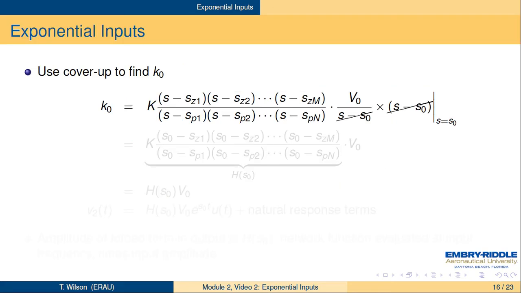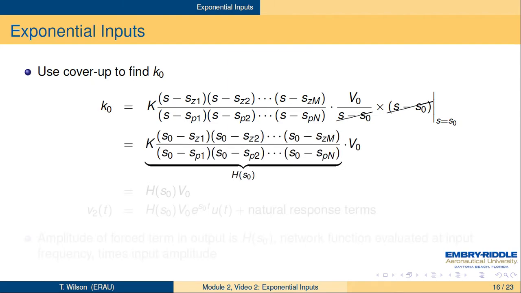We can find the amplitudes of all of them by doing cover-up, but let's just focus on the input term. So we multiply by s minus s naught, evaluated at s equals s naught, and when you do that, you get a number. And that number turns out to be the network function evaluated at the input frequency. So all that K, s naught minus sp1, etc., all the way through s naught minus spn, is H evaluated at the frequency s naught.